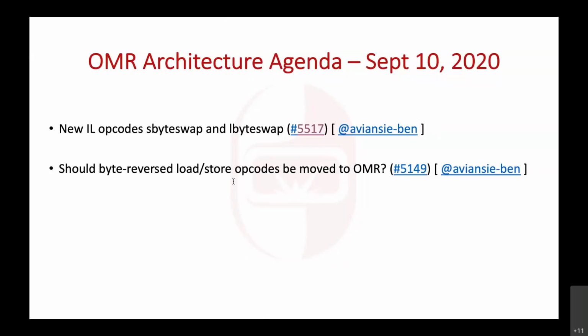Is this the first time we've managed to shrink the set of special opcodes in OpenJ9? I think that's pretty awesome. Does OpenJ9 have an architecture review board meeting? I mean, they've got the community call, I think. I think that's about it.